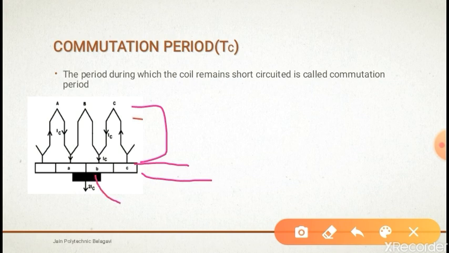In this diagram you can see that coil B carries a current in the clockwise direction, but it is about to be short circuited.